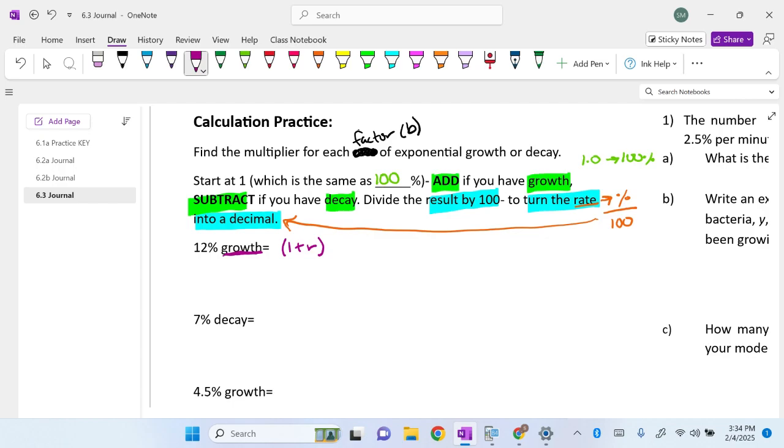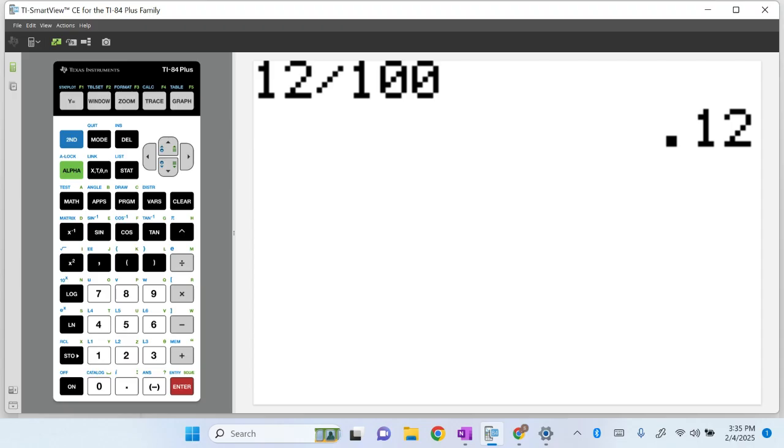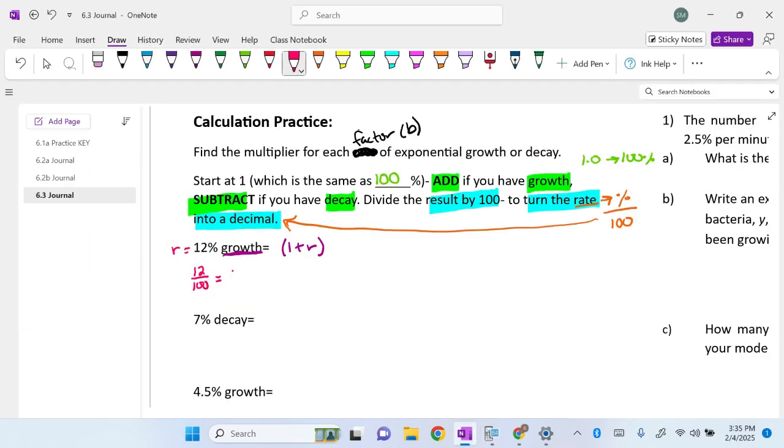So we're going to add our rate to it. Now, 12% is equal to our R. However, we want that in a decimal. So I'm going to divide 12 by 100 to get my R value. And you can do that in your calculator. So you can do 12 divided by 100, and that'll give you 0.12. So 0.12 is equal to my R value.